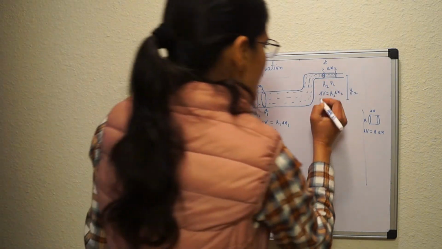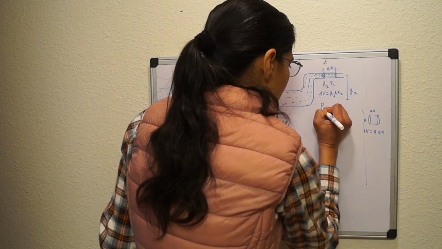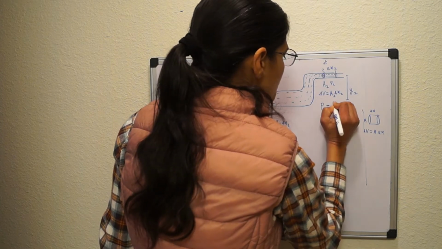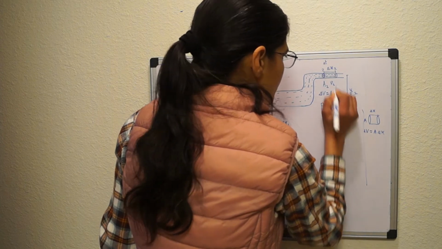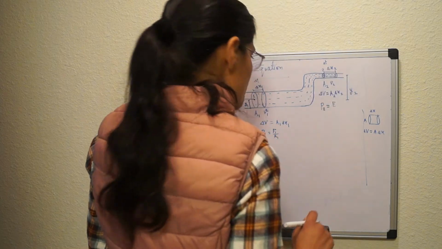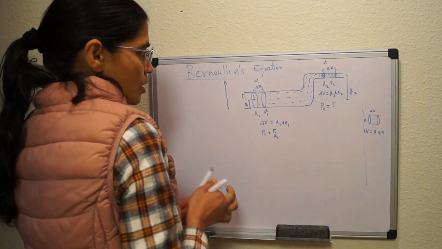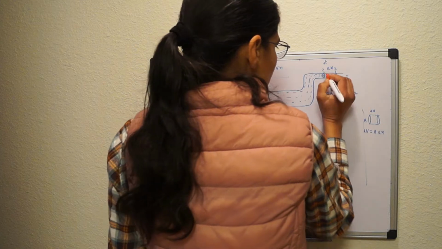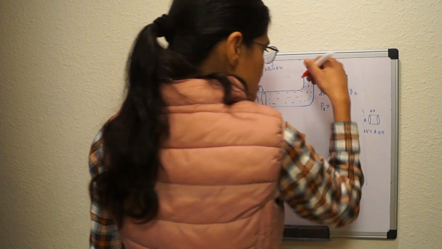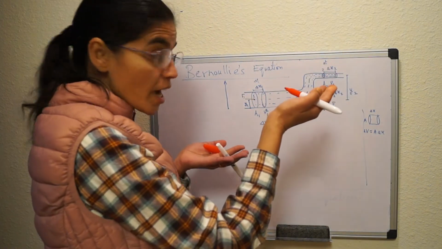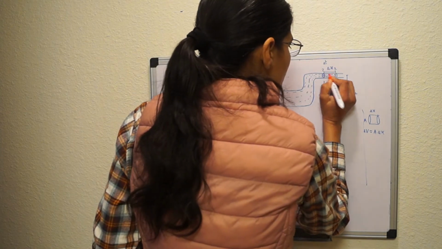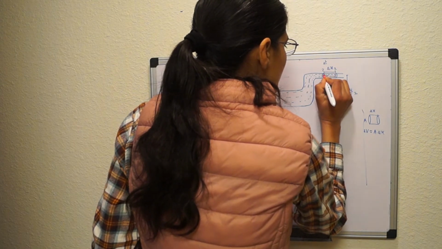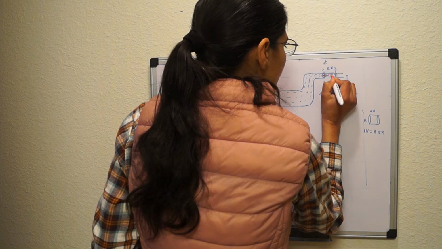Alright guys, and then there is also pressure P2, which is equal to force F. There is a force here, right? So before it really moved, the force is what? There is a pressure just because they are at different heights, though the force due to pressure is actually in this direction, F2, okay?